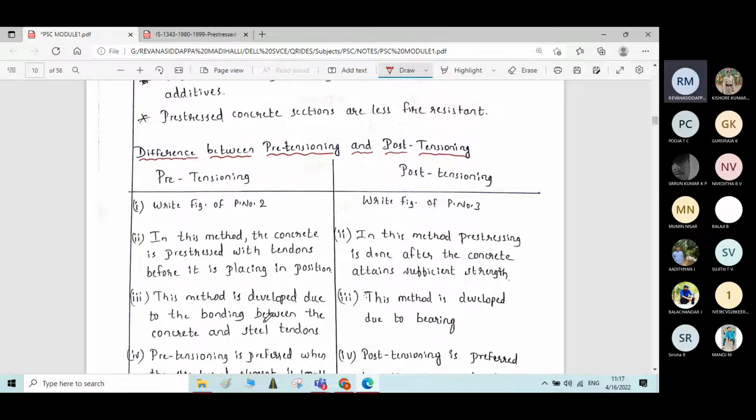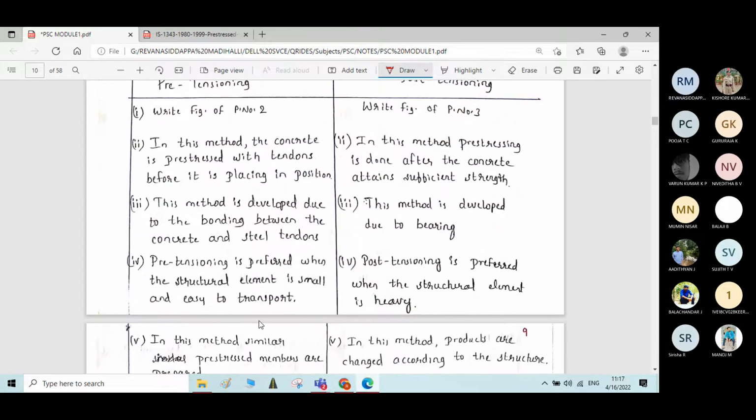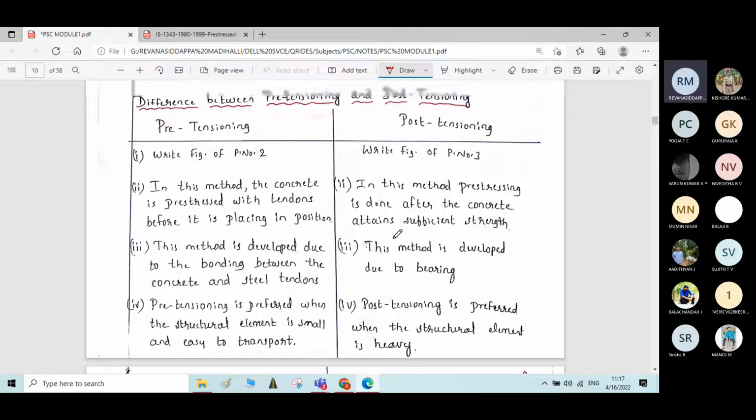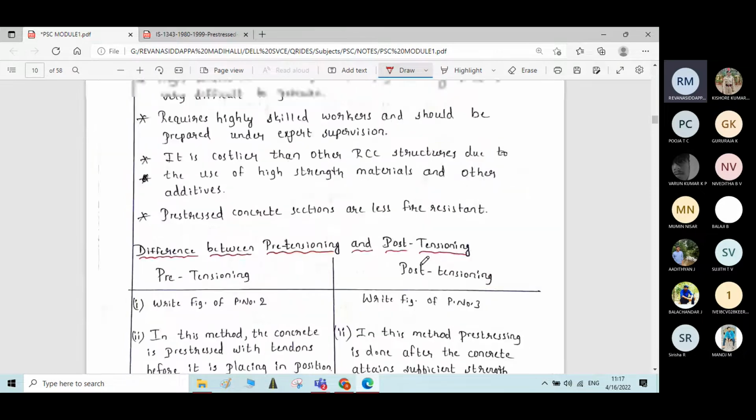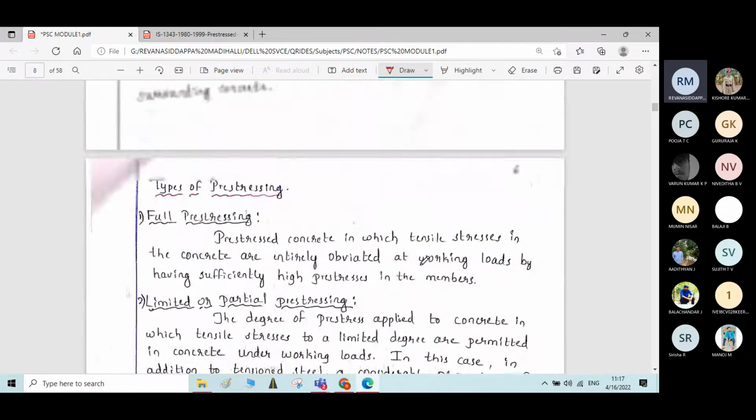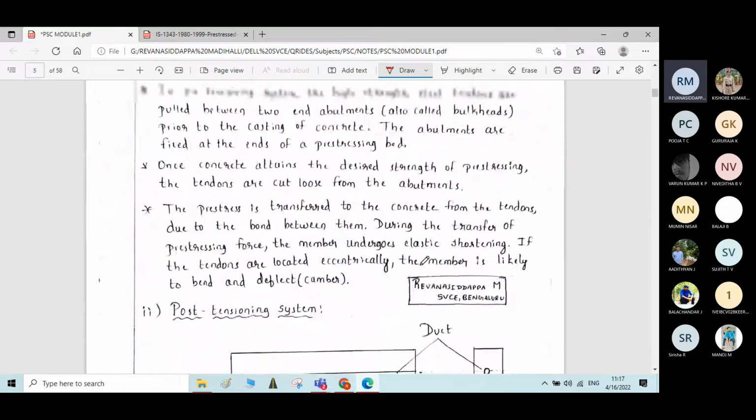In case of pre-tensioning, the pre-stresses are developed due to the bonding between the concrete and the steel tendons. In case of post-tensioning, it is developed by anchoring at the edges. Let me go to both the methods.